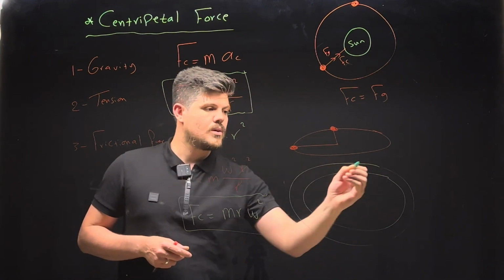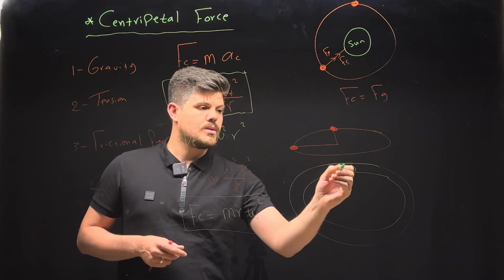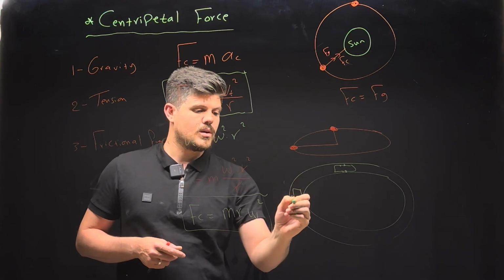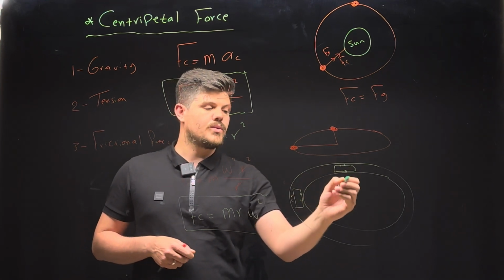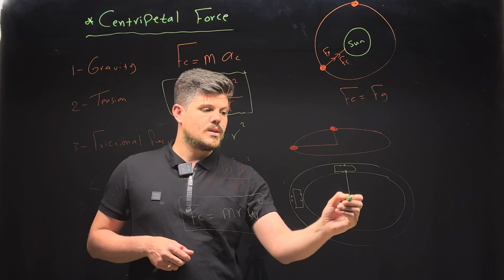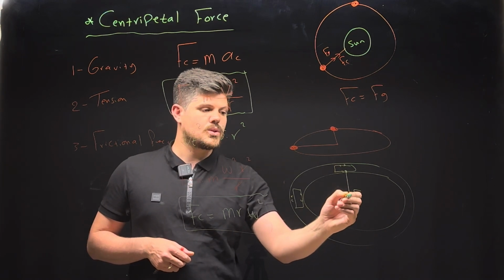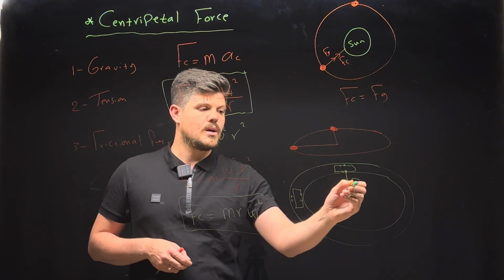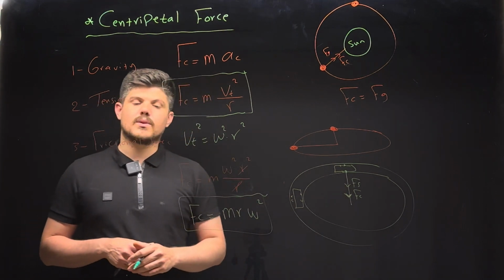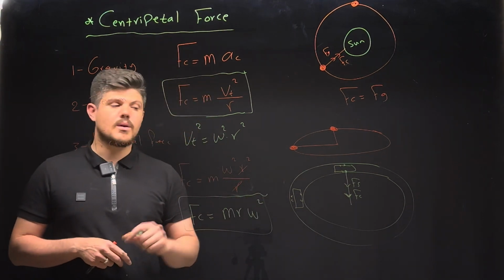If you have a road, and this is a car, the car is moving in a circular path, and this is the centripetal force, which is provided by what? By the static force, or by friction.